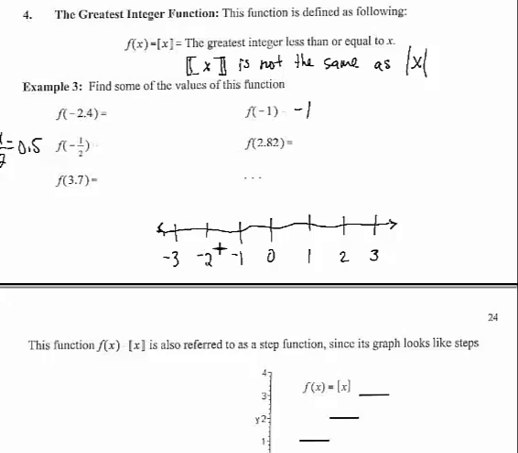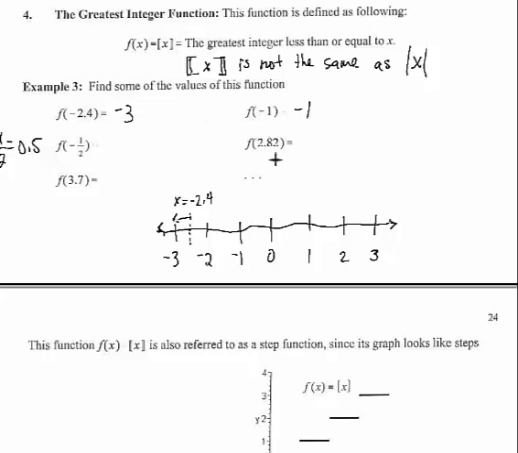Let us look at -2.4. Well, if we plotted it on our number line, it would fall somewhere in between -2 and -3. If we look immediately to the left, the first integer that we run into is a -3, so the output for f of -2.4 is -3.